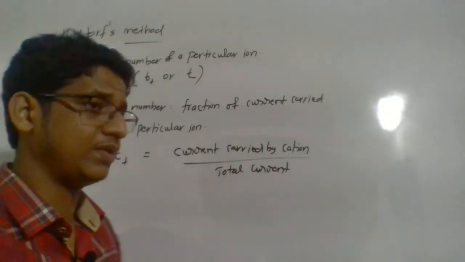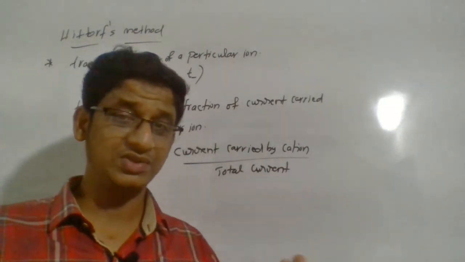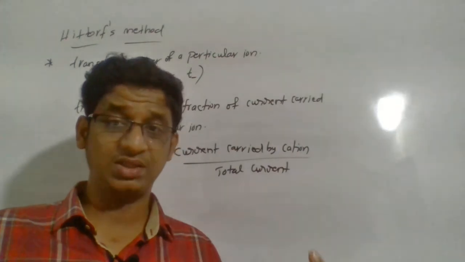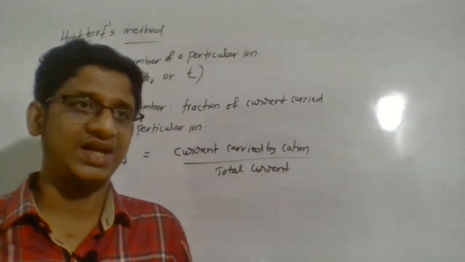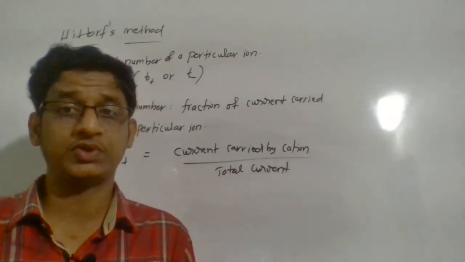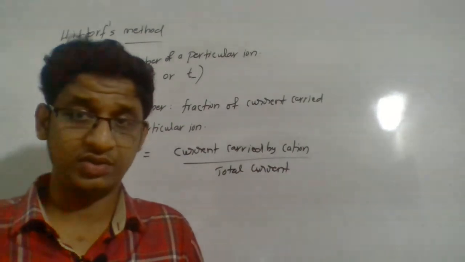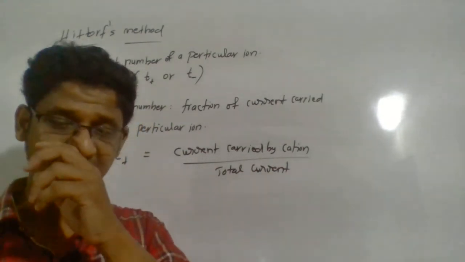So what is the significance of transport number? We already saw that different ions have different mobility, and based on the mobility they exhibit different conductivity. So how much current is carried by a particular ion is always proportional to its ionic mobility, because cations and anions may differ in size and are influenced by the potential gradient as well.